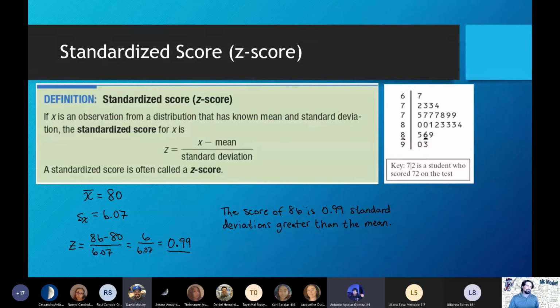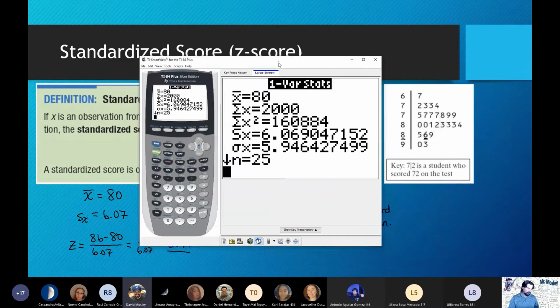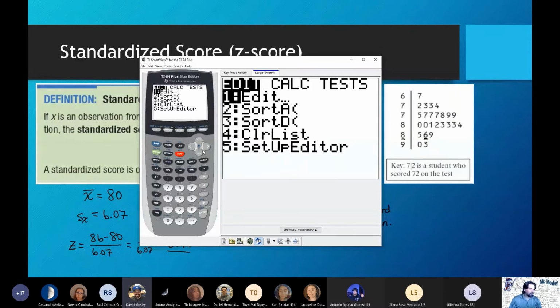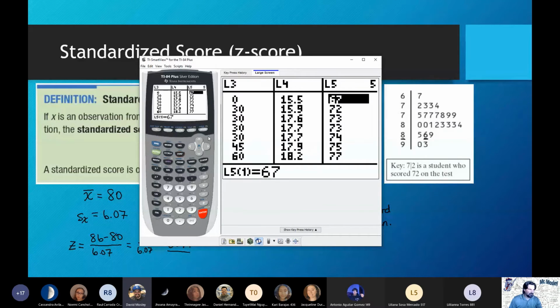Yes. So the 6.07 is the standard deviation. What we did earlier today when I entered this for the first time is I just got this by putting my data into the calculator. I put all of these scores into list 5: 67, 72, 73, 73, 74, 75, 77, 78, 79, 79, and so on.